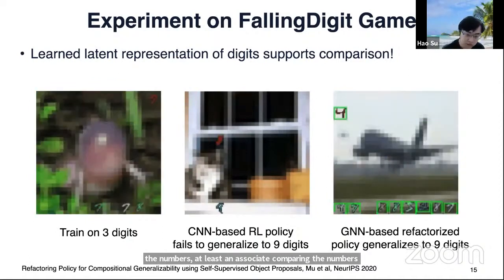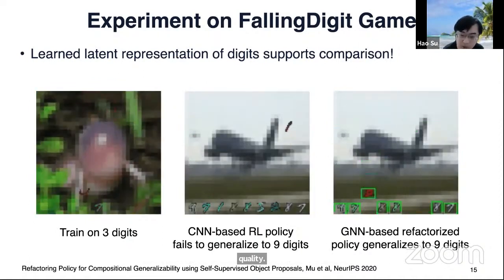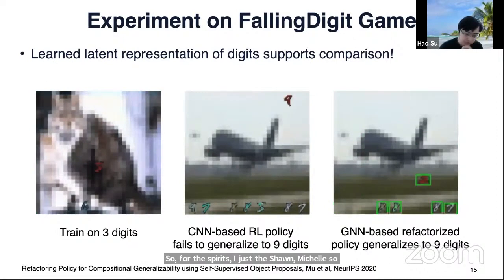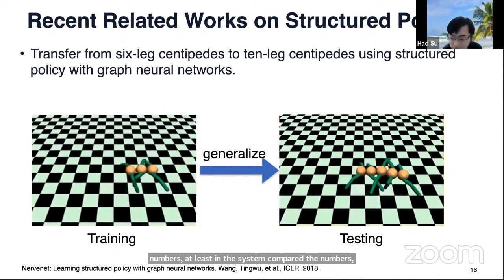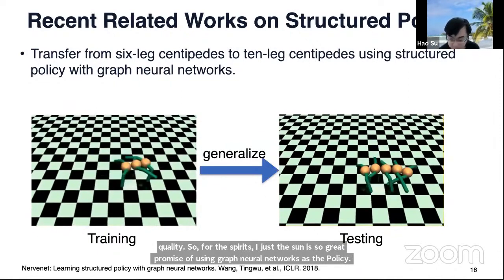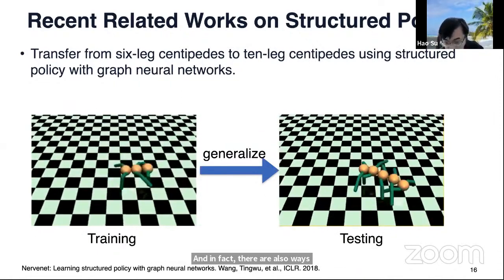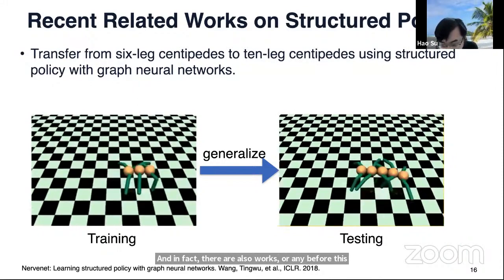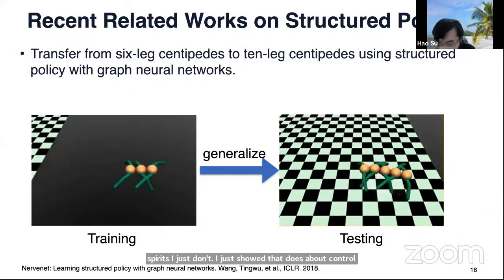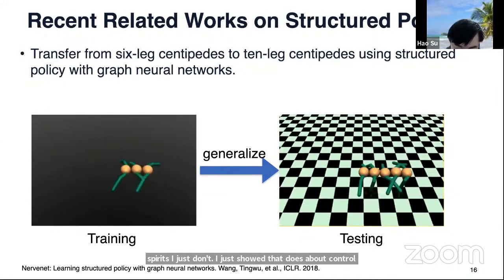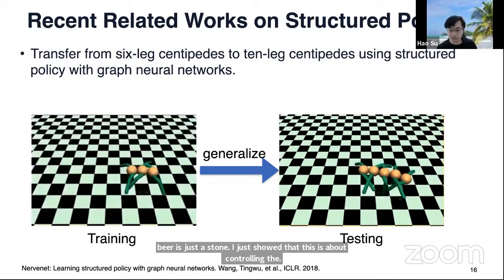So the experiments I just showed show great promise of using graph neural networks as the policy. And in fact, there are also earlier works about controlling this kind of insect moving.